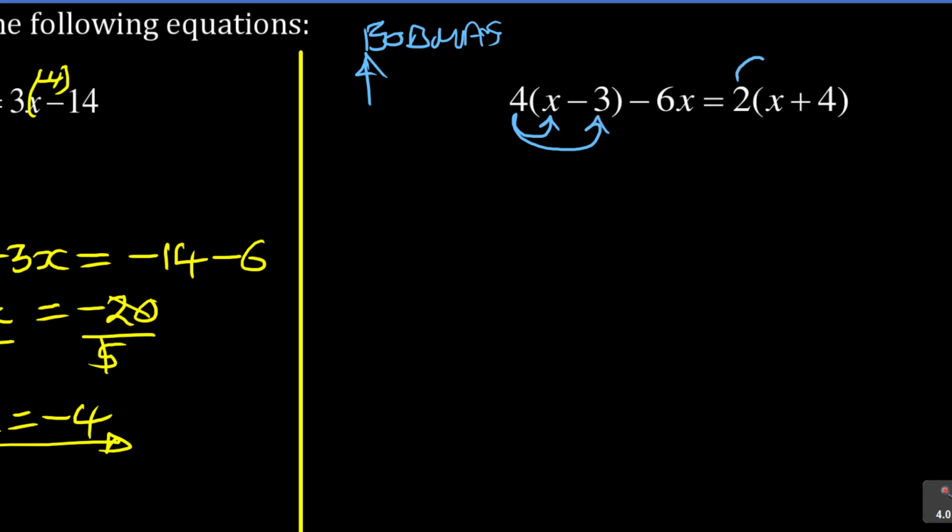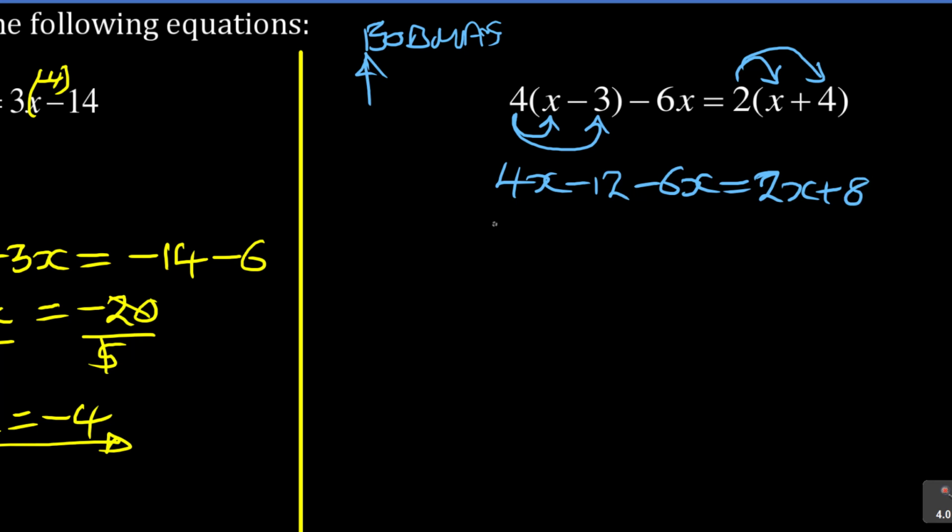Again, on the other side, there is a 2 affecting everything there. Are you seeing that? So 4 times x is my 4x. 4 times negative 3 is negative 12. Then minus 6x is on its own there. Nothing is affecting it. Is equal to 2 times x is 2x. And then 2 times 4 is 8.